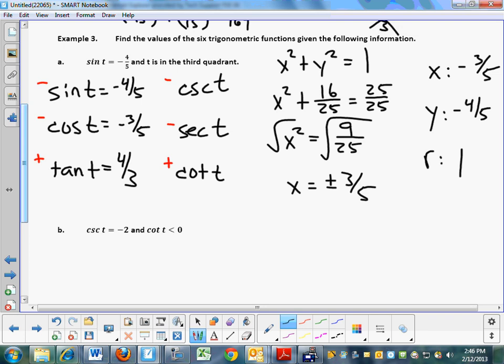Just take these values and do what with them? Just flip them. They're the reciprocal. So we got negative 5/4, negative 5/3, and 3/4. Any questions how we did that example?